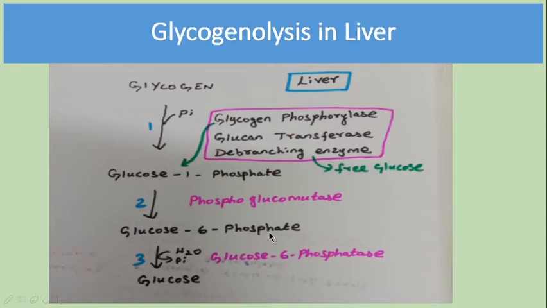So in the liver, the phosphate will be removed with the help of the enzyme glucose 6 phosphatase, because glucose 6 phosphatase is present only in the liver, not in the muscle. So this glucose 6 phosphatase action will take place only in the liver, converting glucose 6 phosphate into glucose. Whereas in the muscle, since there is no glucose 6 phosphatase, this glucose 6 phosphate will directly enter into the glycolytic pathway, and it is utilized for energy.